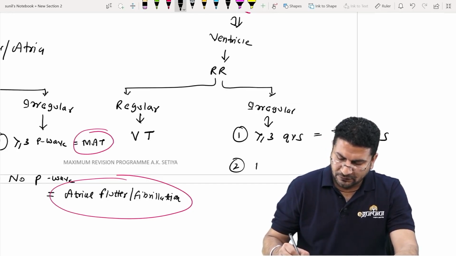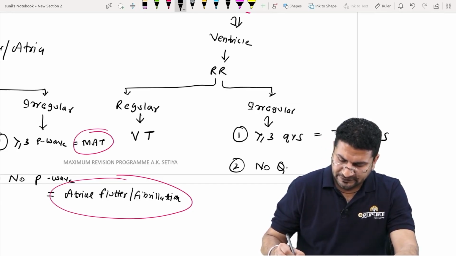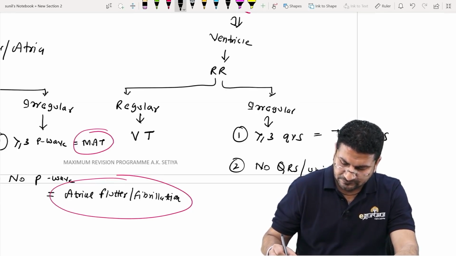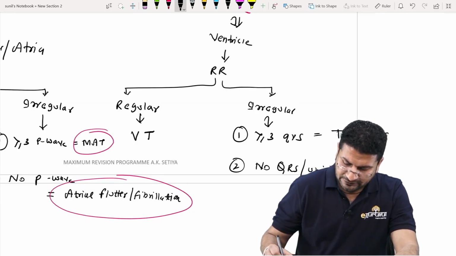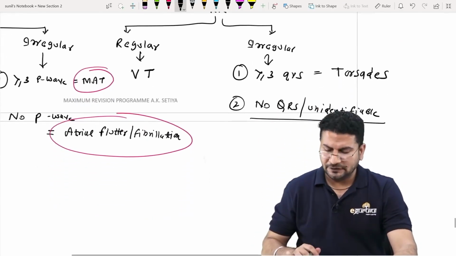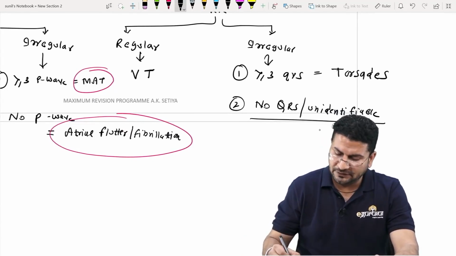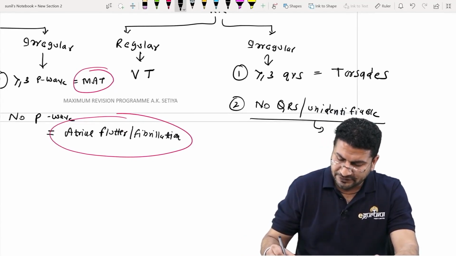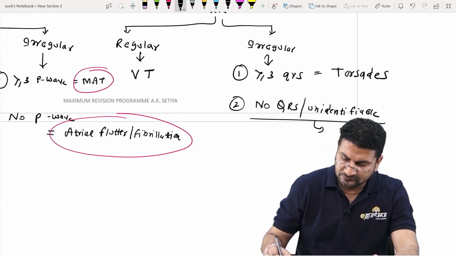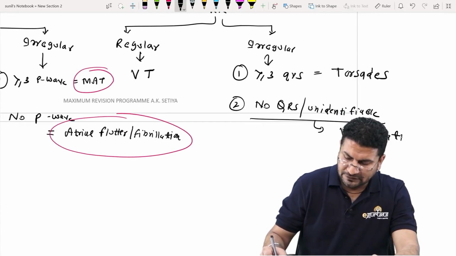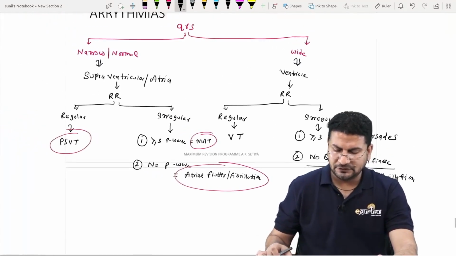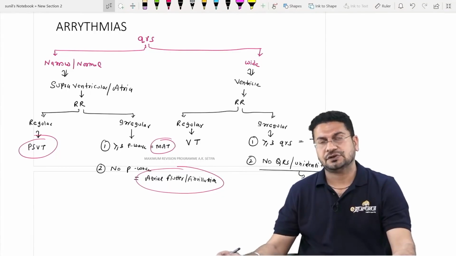If you see no identifiable QRS, you can't figure out where the QRS is, then we call this ventricular fibrillation. Simple. So this classification is very simple. If you remember this, you can solve a clinical question or an ECG question on arrhythmias.